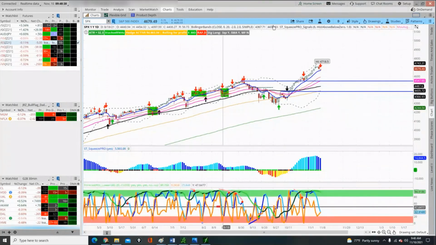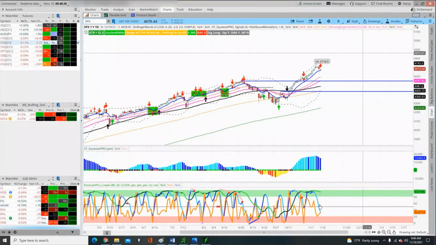You can go back and look at it yourself. When it crosses and does this, it usually bounces. So we're trying to catch that, because when this line enters down here, it usually bounces pretty shortly after. And that's this market doing this flag.